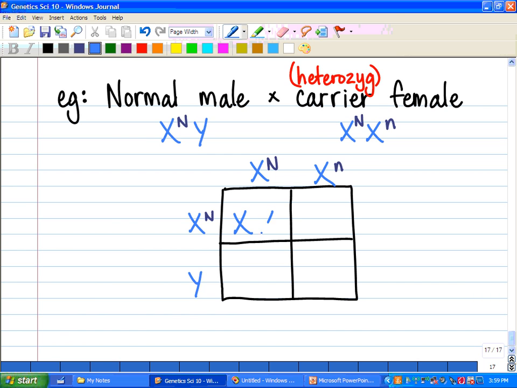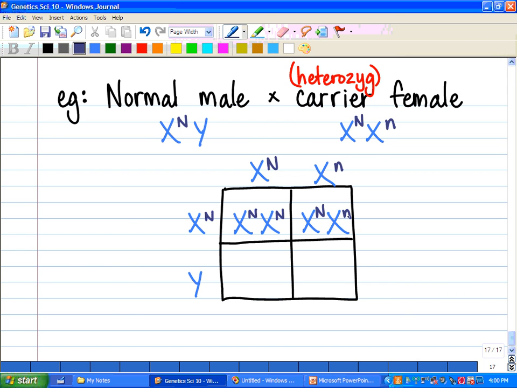Let's cross these and see what we get. This is going to be a female, X and X, and they're both capital N's. So that's going to be a normal vision female, and not even a carrier, just straight old normal vision. This top right hand corner is another female, X and X, but this female has a capital N and a lowercase n. So this female here is a carrier.